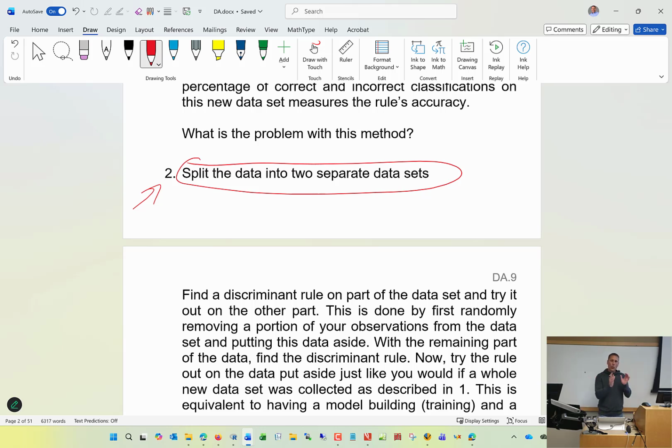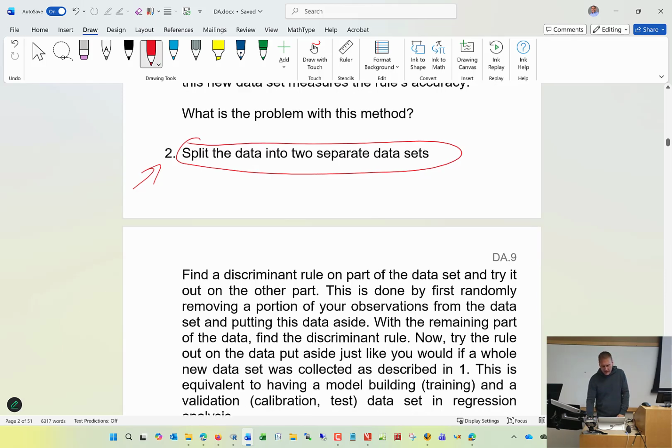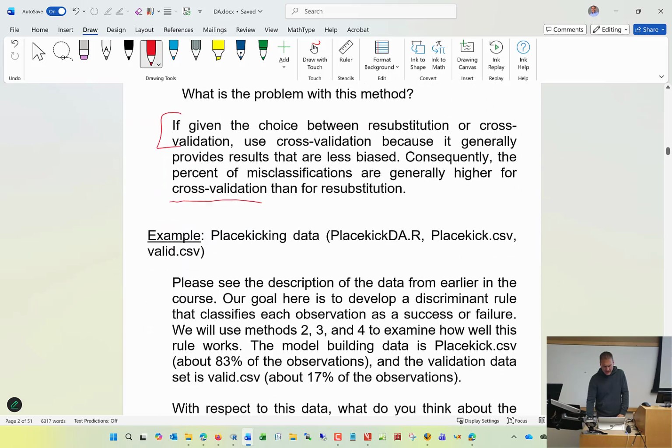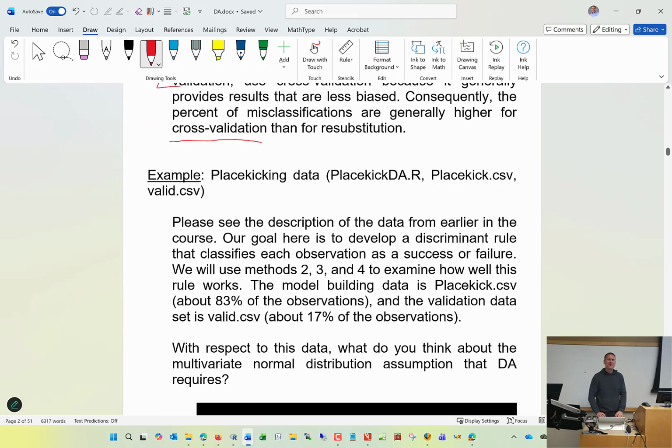So I have one part that I'm going to use to come up with this discriminant rule, and then I have this other part that I'm going to try it out on. The actual way I split it, I didn't do a 50-50 split. I ended up doing an 83%, 17% split. If I were to do it again, I would do 50-50. But at the time, I did it this way based upon some recommendations that I don't really think are valid anymore.